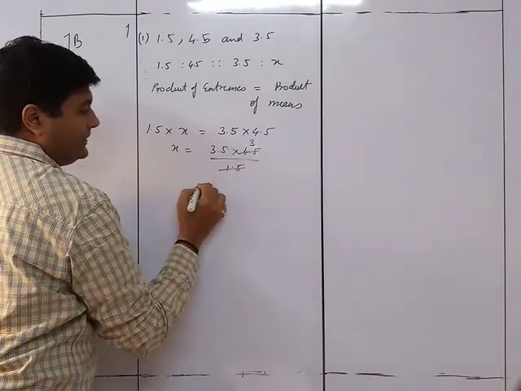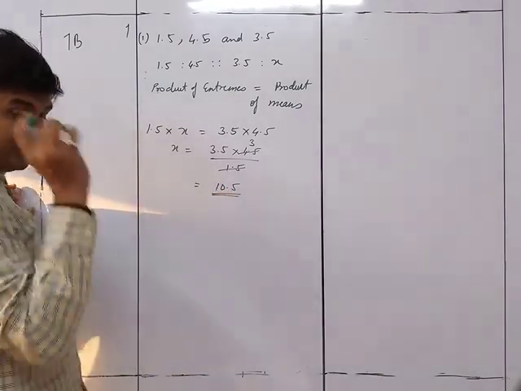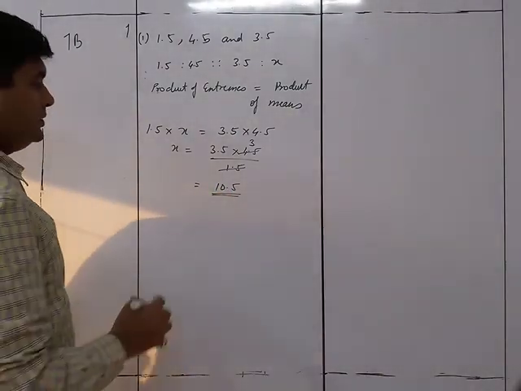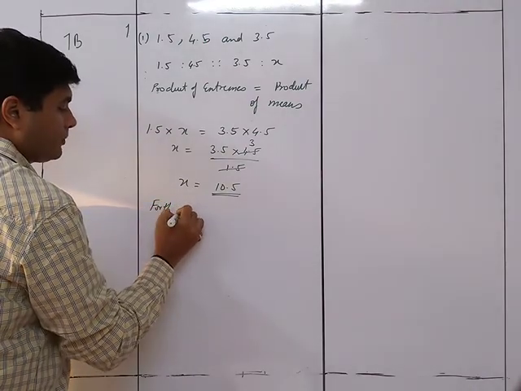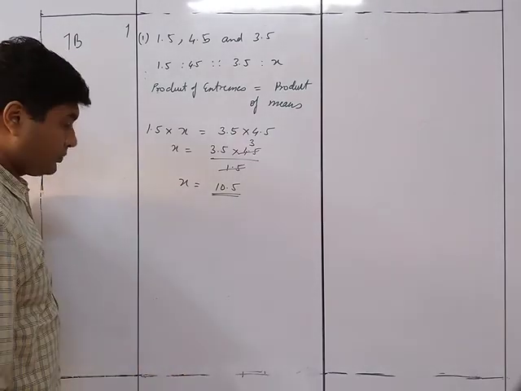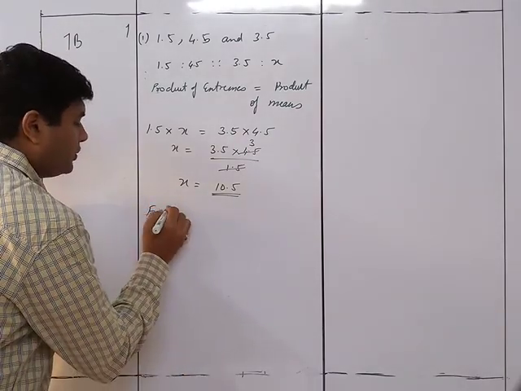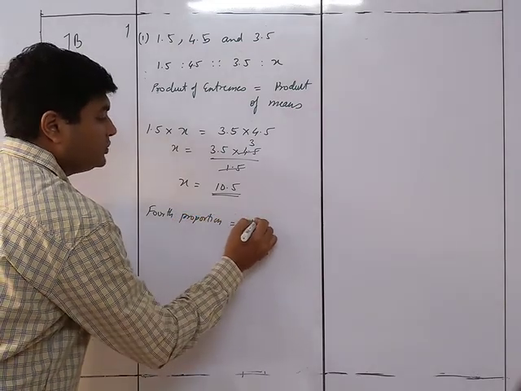That is going to be 10.5. Okay, so that's the value of x. So the fourth proportion is equal to 10.5.